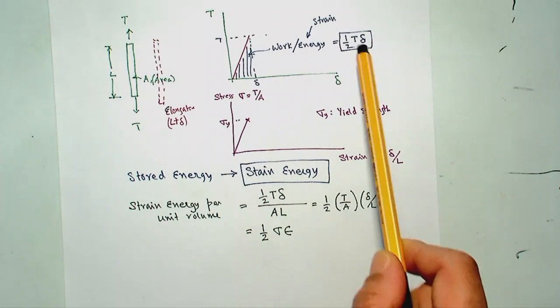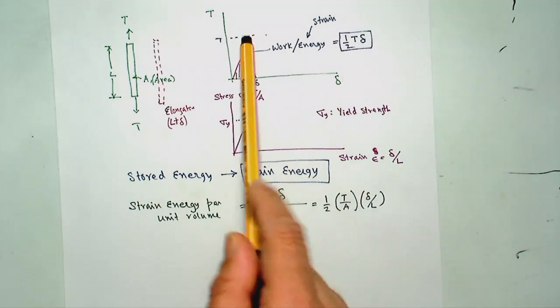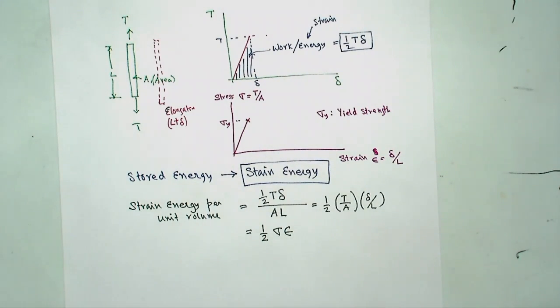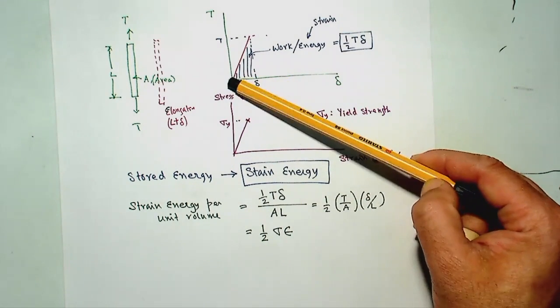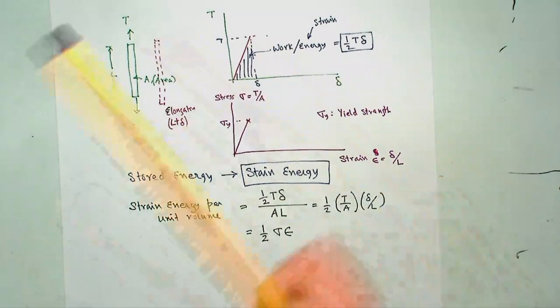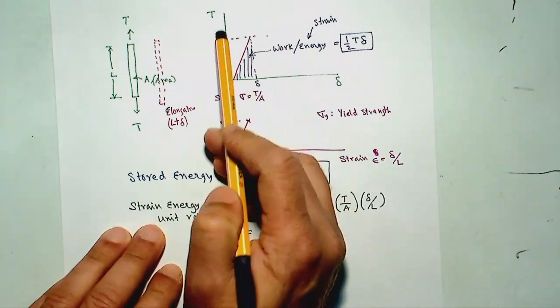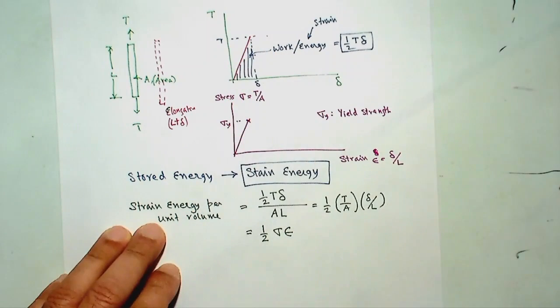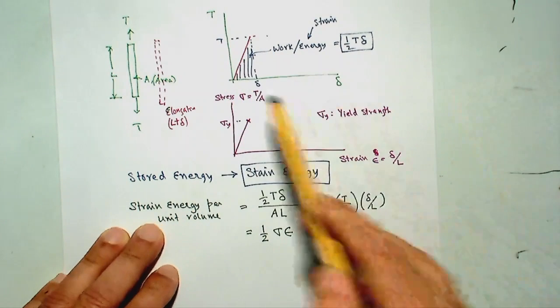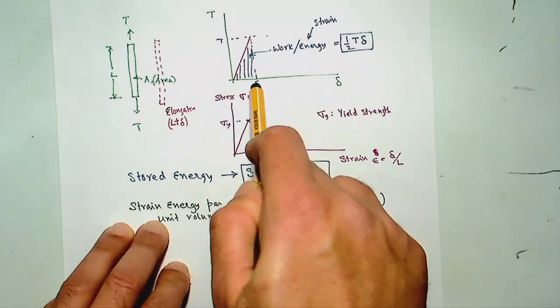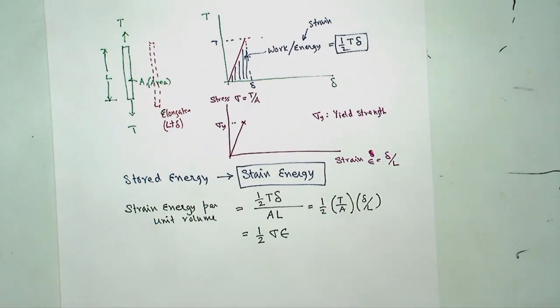So the work done by the load here is no difference, force times displacement, but only with a half sign. Half sign because the load and the displacement increased from 0 to the final value. So the load was not at a full value and then displaced delta. The load started from 0 and the increasing load increased the delta. So you need to find out the work done due to this load.